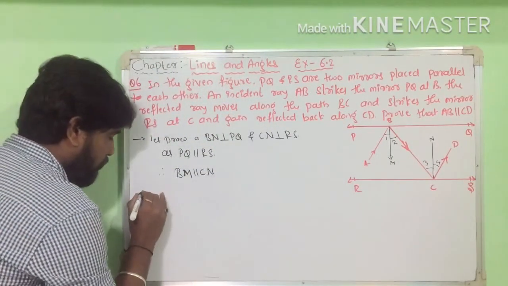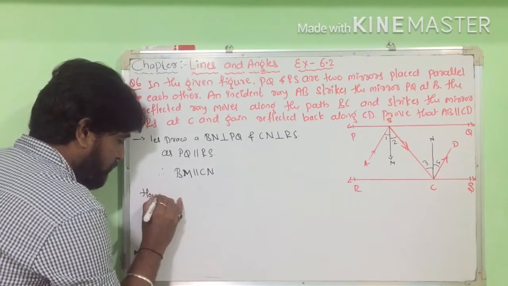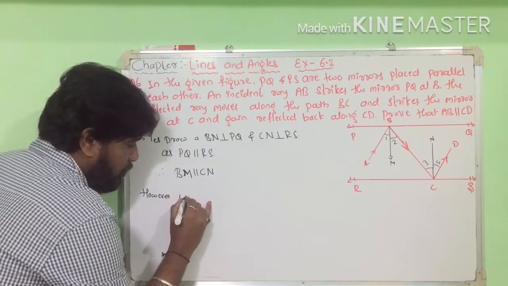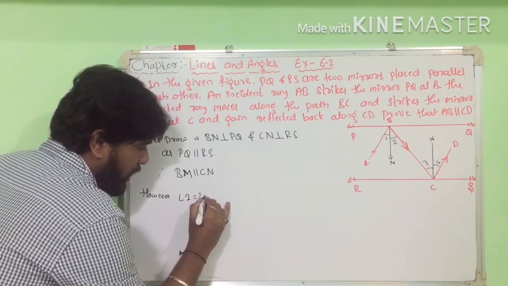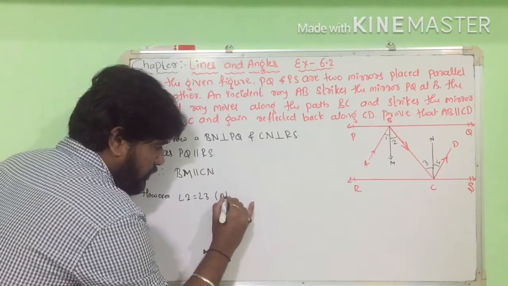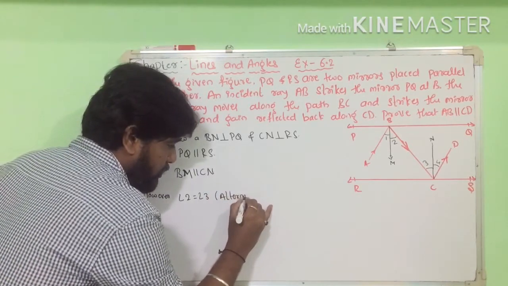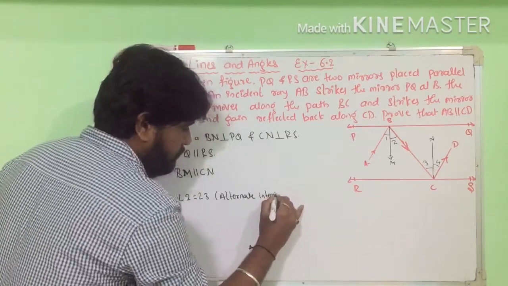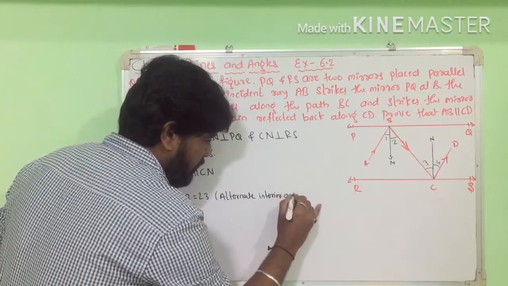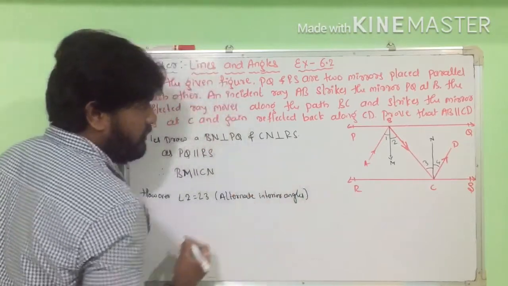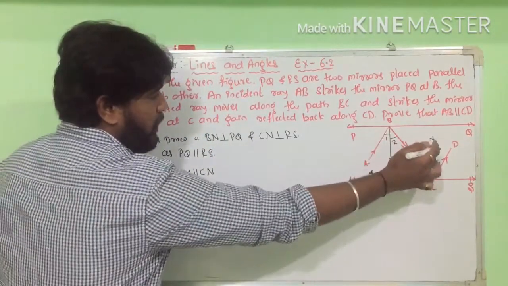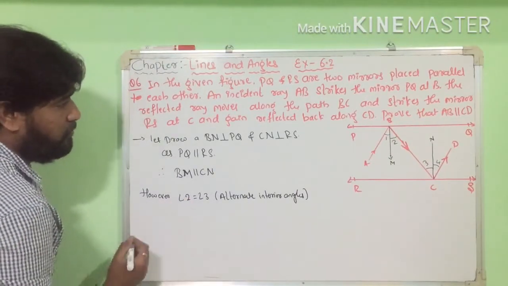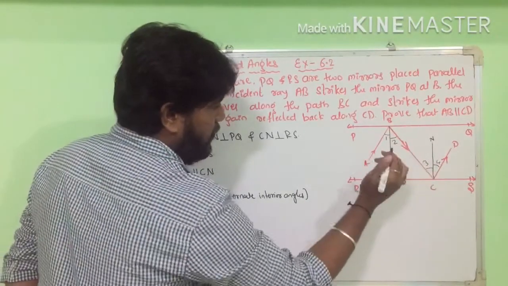So we can write angle 2 is equal to angle 3, alternate interior angles, because BM is parallel to CN.